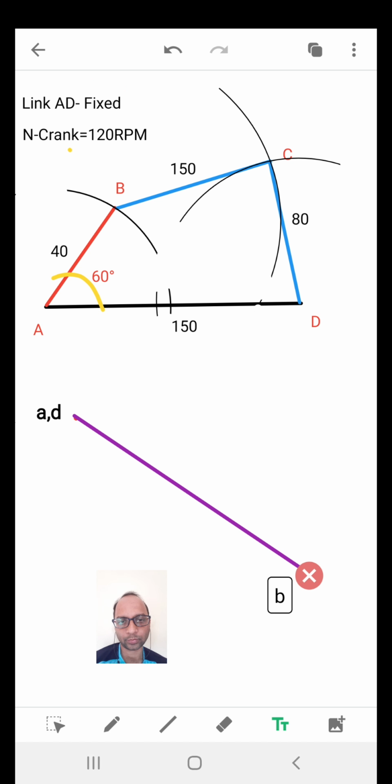Then draw a perpendicular to line BC. Draw a perpendicular to line BC.